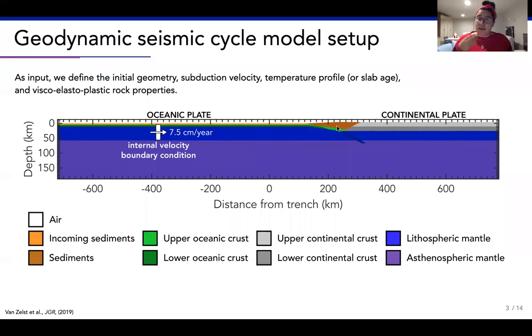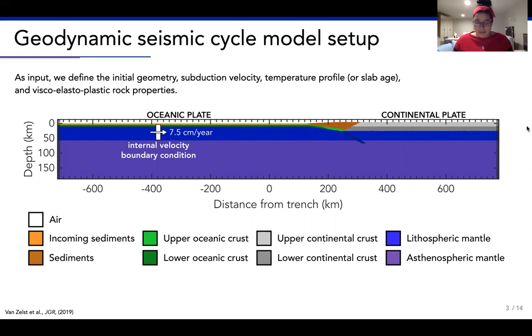And as input, we define this initial geometry, subduction velocity, the temperature profile, and viscoelastoplastic rock properties that are constrained by the literature on lab research. So we do this, we get our subduction geometry, we go into the seismic cycle phase where we get these slip-like events. And then for one particular event, we choose to couple that to a dynamic rupture model.